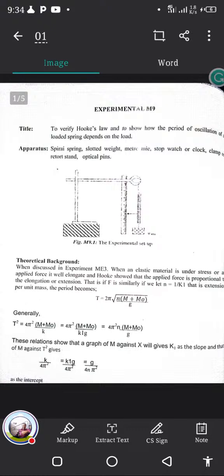A very simple one. First and foremost, Hooke's law relates the force or the load applied to an elastic material and the extension produced. When you keep increasing the load or the force, the extension also keeps increasing in that order.